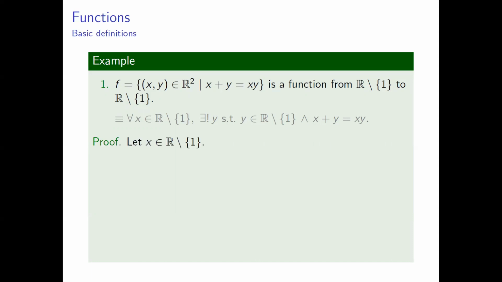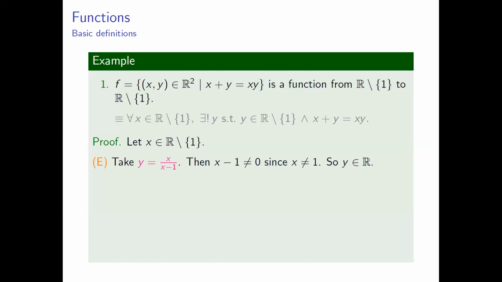We begin our proof by letting x be any real number not equal to 1. To prove existence, take y to be x over x minus 1. We need to show that y is a real number not equal to 1 and that x + y = xy. Since x is not equal to 1, the denominator x − 1 is non-zero, so y is a real number.